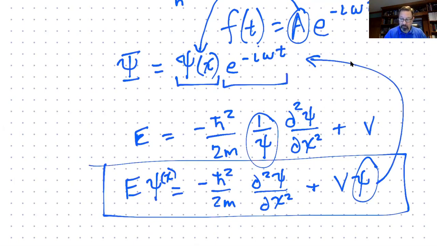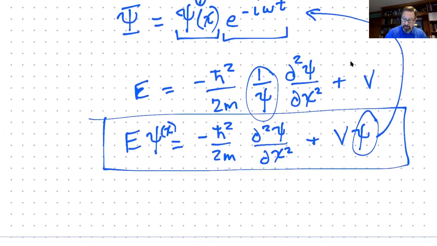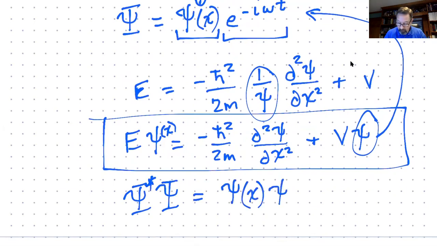But remember, that piece will always be irrelevant according to Born's probability argument, because anytime I find this, which is the probability density, it will be exactly the same as this, the solution to the time independent wave equation, because e to the minus i omega t times e to the plus i omega t will always go to e to the 0, which is just 1.